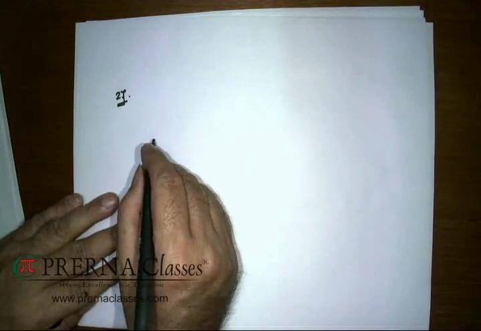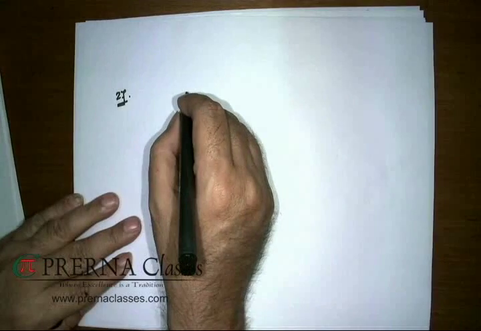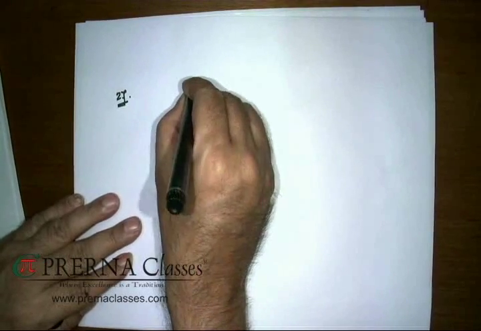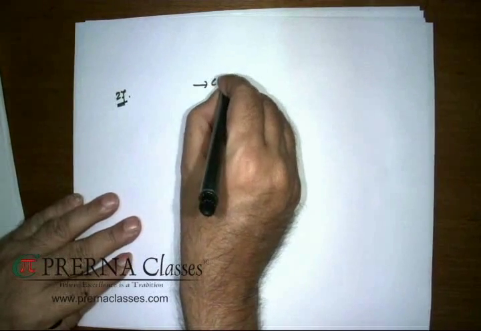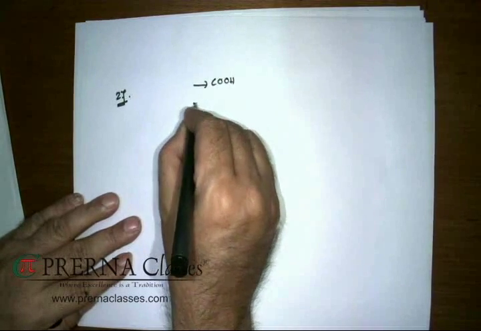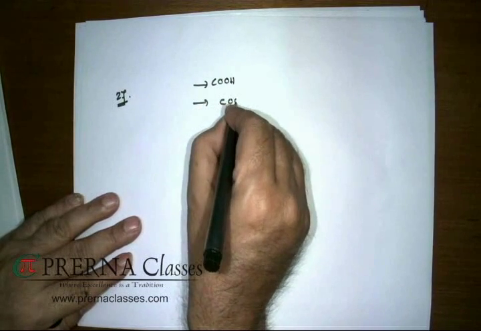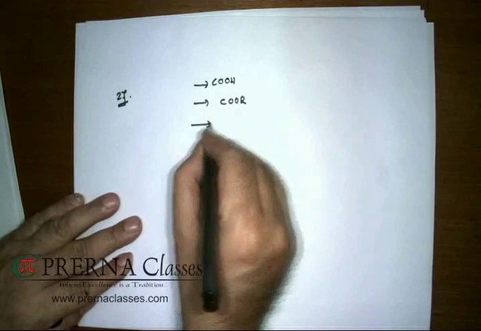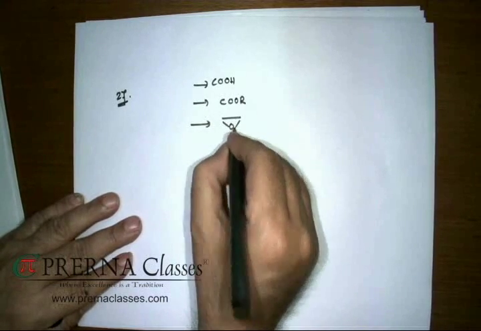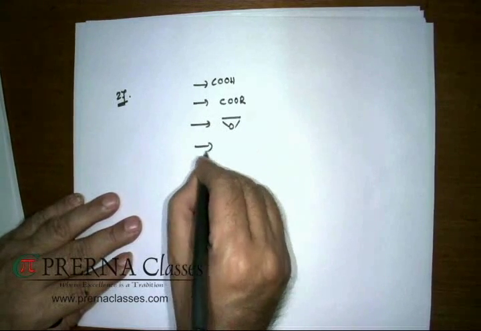27. Now if you look at the question, you have different functional groups. You have COOH group, you have COOR group, you have epoxide, and you have aldehyde.